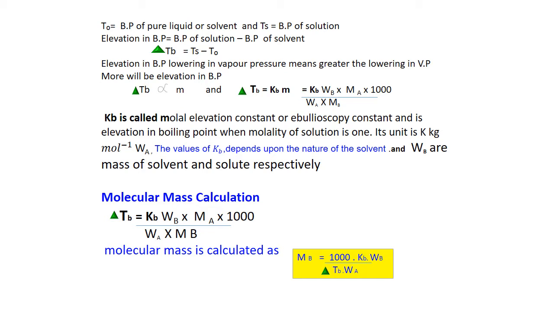So delta Tb is equal to Kb m. Kb is the constant. It is known as the molal elevation constant or ebullioscopic constant, and when m is equal to 1, delta Tb is equal to Kb. So the value of Kb becomes equal to delta Tb when molality is 1.